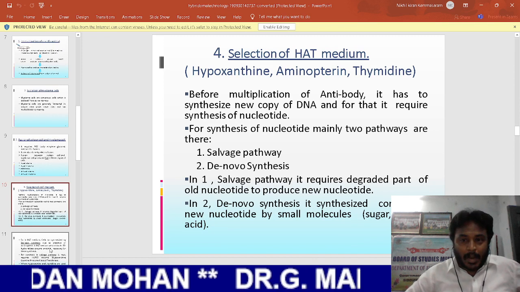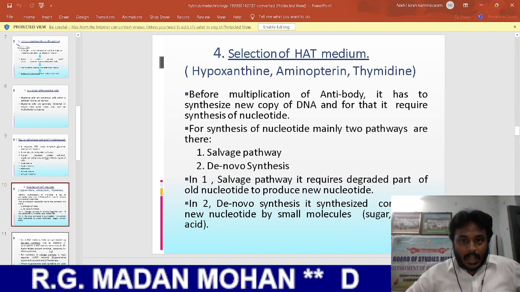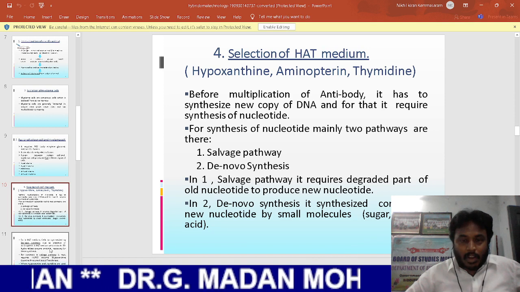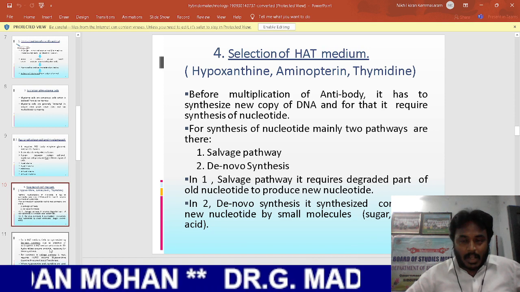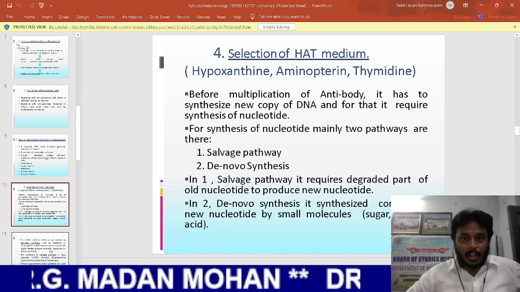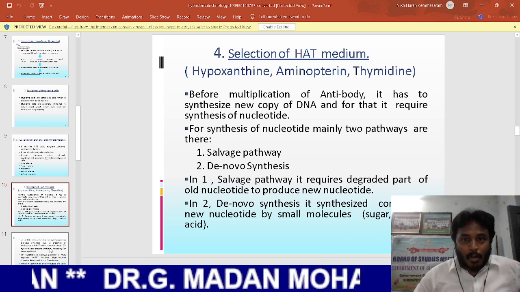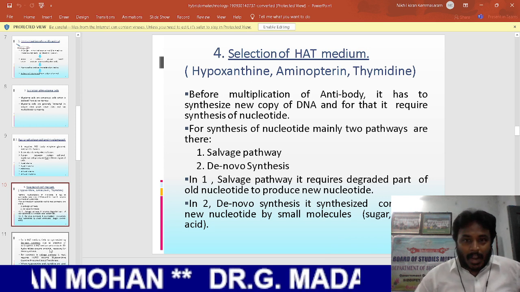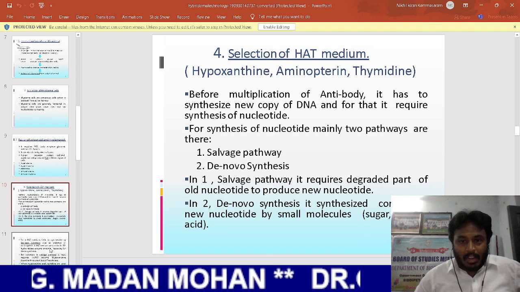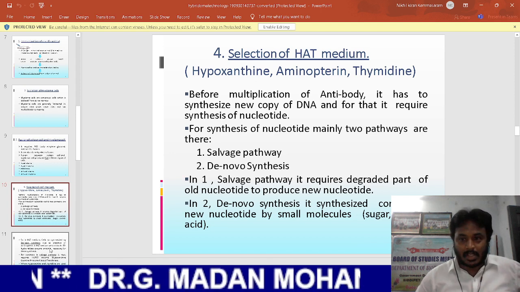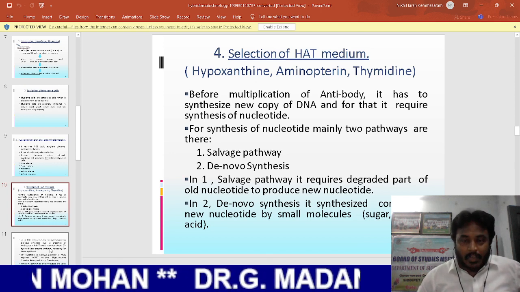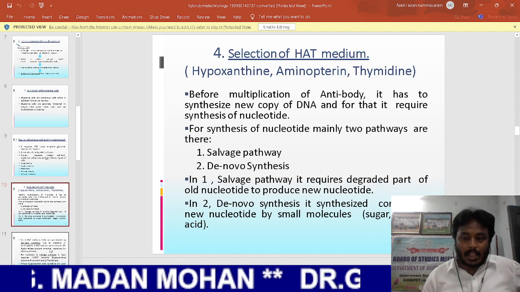Out of these, we need to select the cell formed with a combination of B lymphocyte and myeloma cell. That cell is called a hybridoma cell. So how to select these hybridoma cells from other cells? That can be done with the help of 2 pathways. One is the salvage pathway, second one is de novo synthesis.